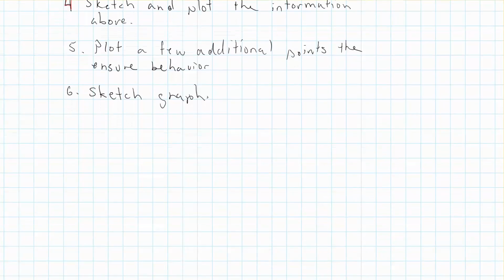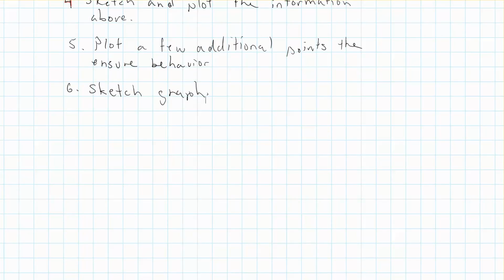Now one thing before we do an example here, let's talk about vertical asymptotes again. Remember how we had multiplicity with zeros? We also have multiplicities with vertical asymptotes.